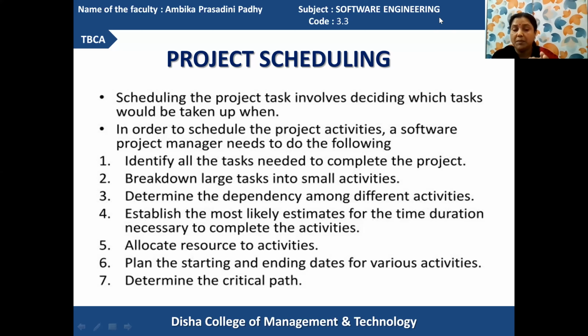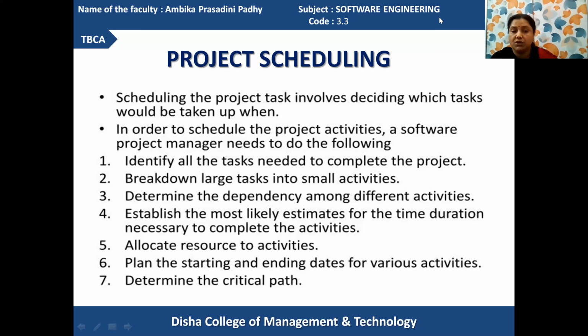After determining the resources, we can go for the next activity, that is planning the starting and ending dates that you have to allocate for performing the operations of the activities. According to that, your time duration requirements can be determined.